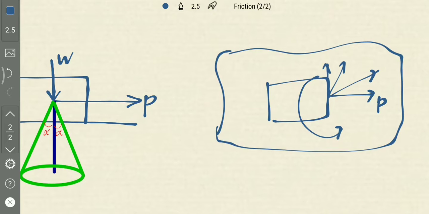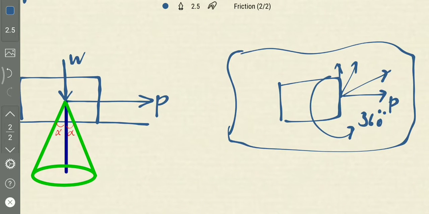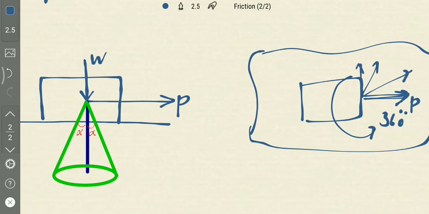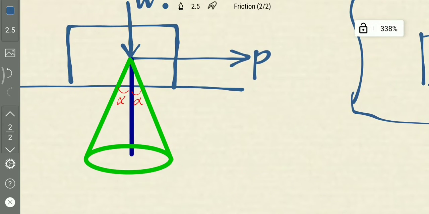Likewise, if 360 degrees is applied here, for every directional force P, there will be formed a resultant and the normal reaction. This is the normal reaction, and there will be resultant.